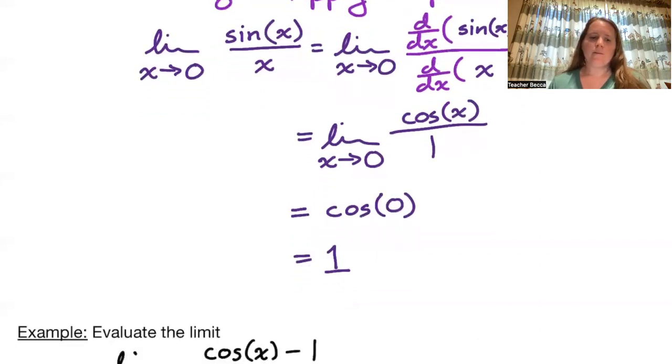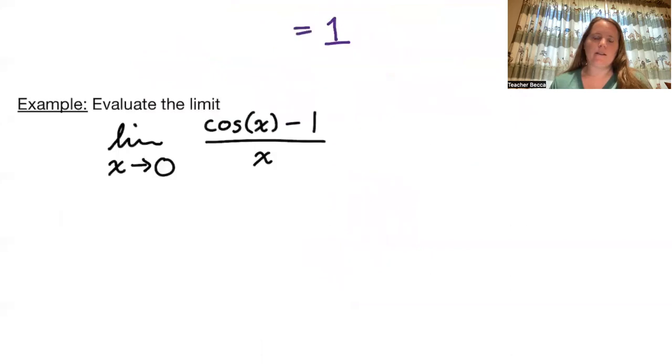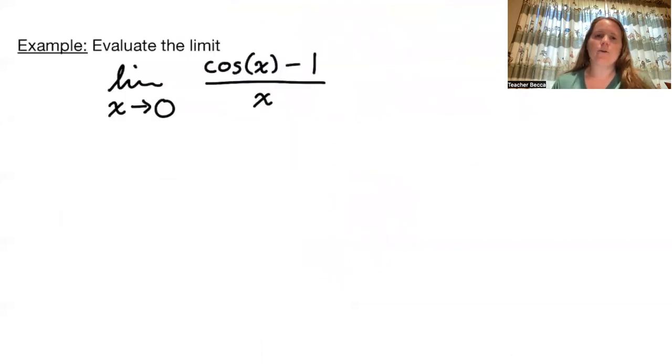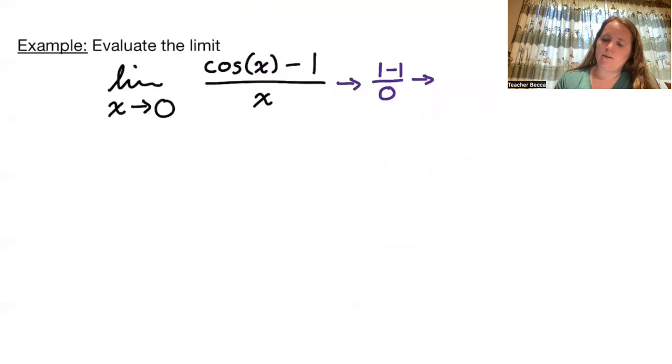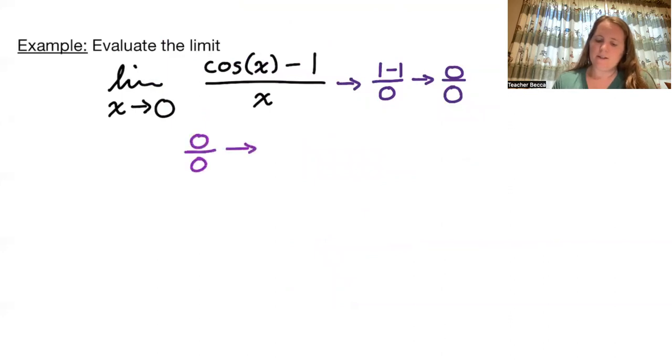For another example, let's evaluate the limit as x goes to 0 of cosine of x minus 1 over x. Again, this will go to 1 minus 1 over 0, otherwise known as 0 over 0. Since we have a 0 over 0 situation, L'Hopital's rule applies.